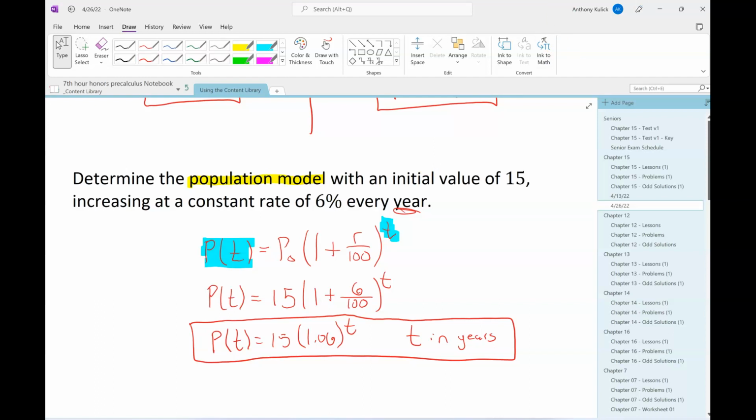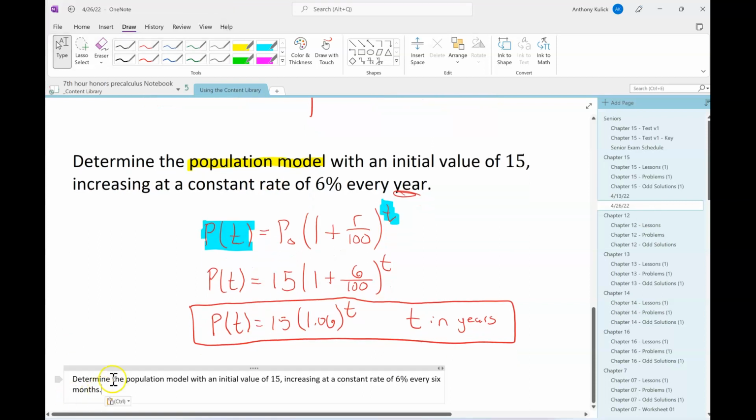Pretty easy, right? Very straightforward there. Let's look at another example.